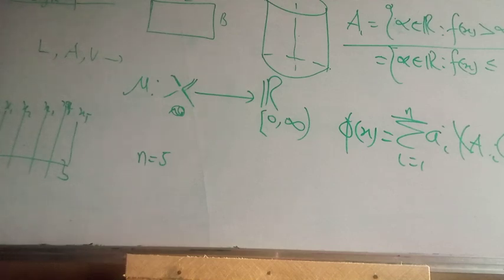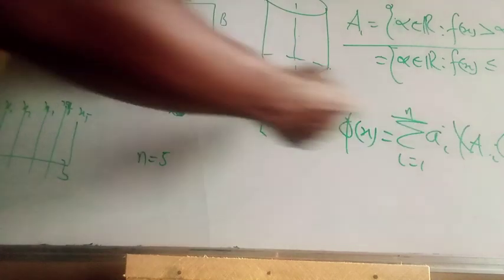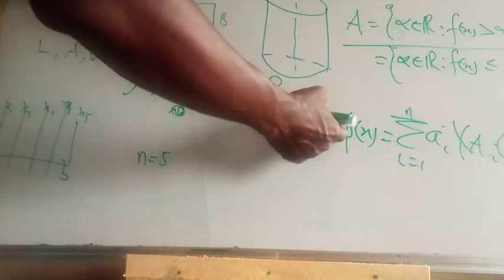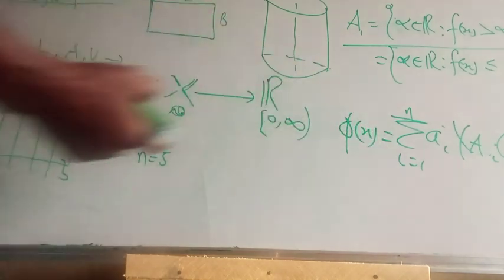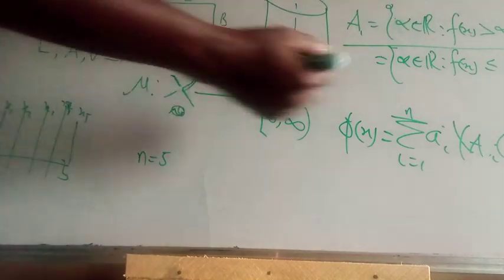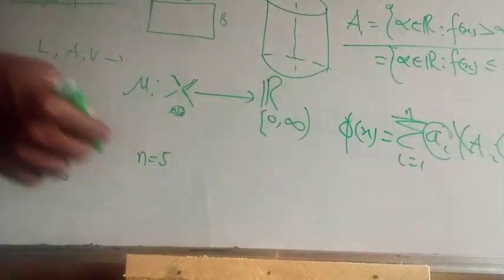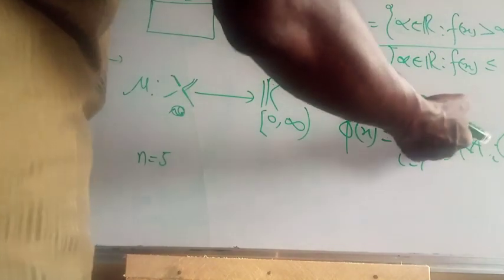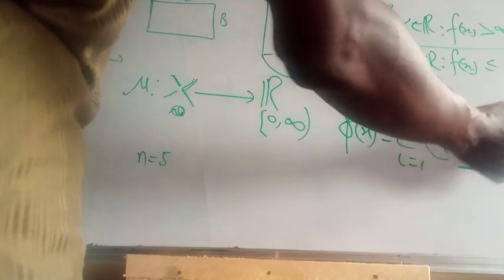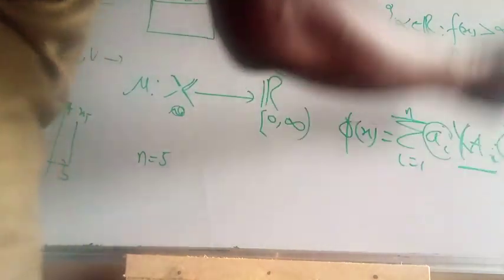So this is a very good representation of a simple function. The function x is coming from the domain of the Lebesgue measure, or measurable set, where the a_i are a set of constants, and where chi A_i is an indicator function, which could also be called the characteristic function.